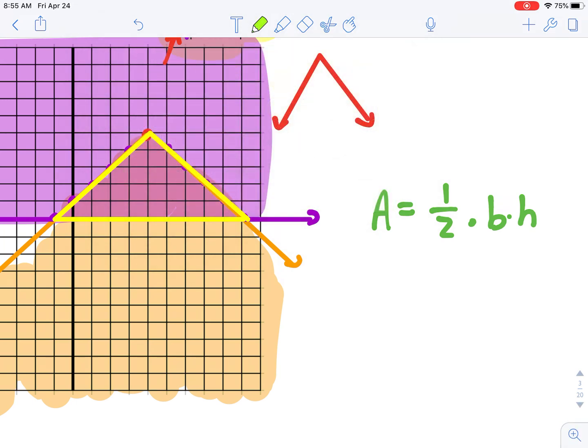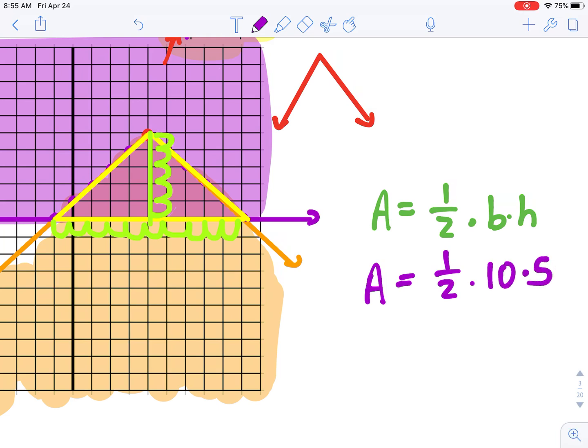For our base, just count it. 1, 2, 3, 4, 5, 6, 7, 8, 9, 10. And then our height, you can go straight up and down. That's what they call the altitude, if you remember that from geometry. And that height is 1, 2, 3, 4, 5. So area is 1/2, base is 10, height is 5. Half of 50 is 25.